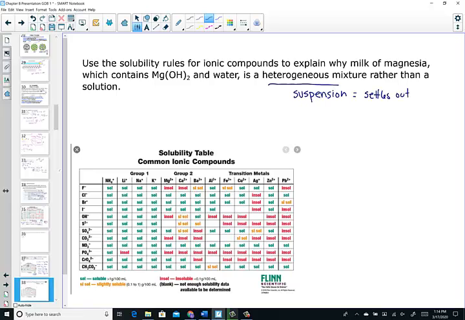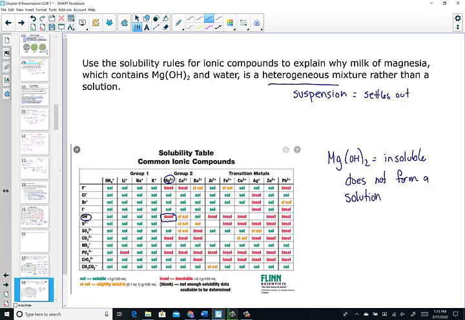Look at where magnesium hydroxide is, and notice that it's an insoluble substance. Mg(OH)2, the OH taken twice, is insoluble, meaning that it does not form a homogeneous mixture, which we call a solution.